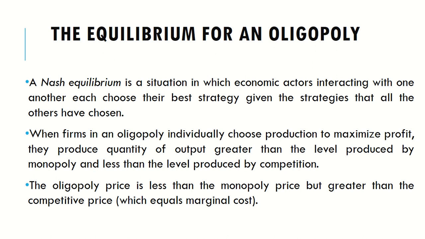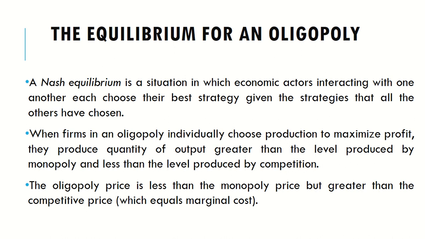Now in the second part of the lecture, we will discuss the equilibrium for an oligopoly. The equilibrium which we get under the oligopolistic market structure is known as Nash equilibrium. Nash was the economist who presented the equilibrium condition in case of oligopoly market structure.